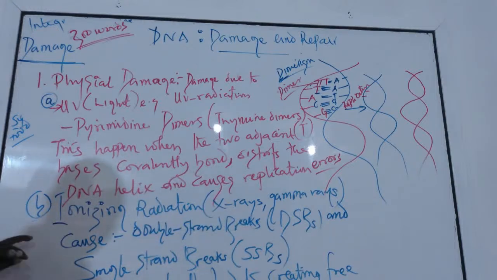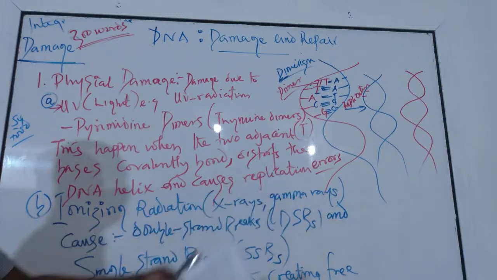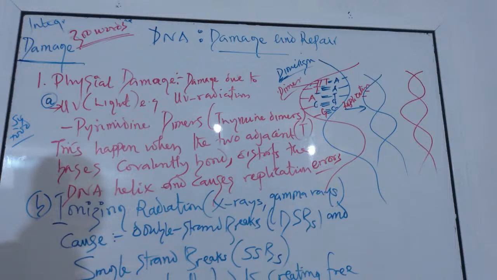replication error. And the second one is ionizing radiation. For example, they use X-ray radiation and gamma ray in the canning and food industry very well to be able to sterilize some of these canned foods.